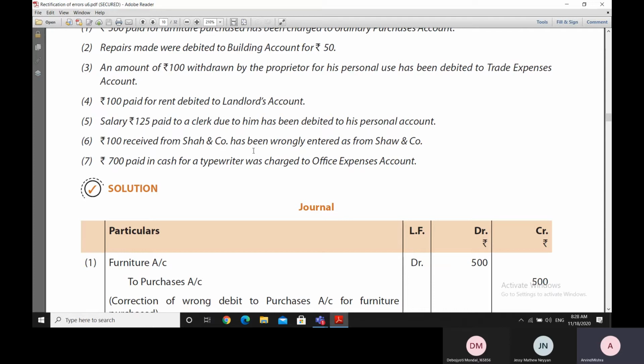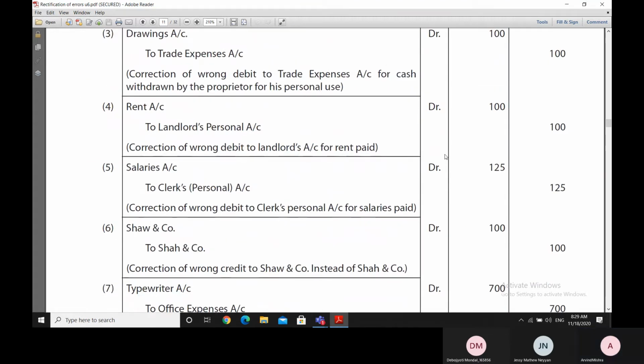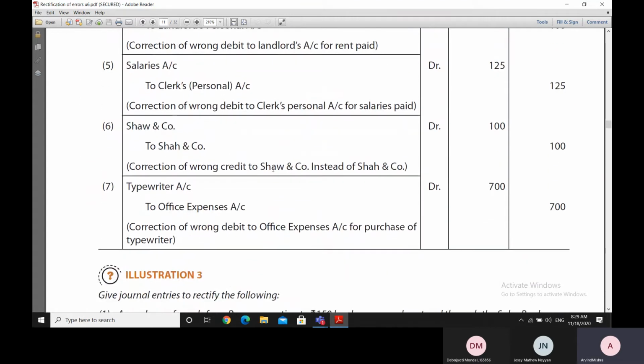So we credit Shah and Company and debit Shaw and Company to cancel out the earlier credit given to Shaw and Company, which was given by mistake. So as you can see here, the Shaw and Company account has been debited and Shah and Company account has been credited.